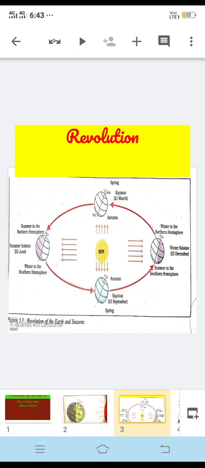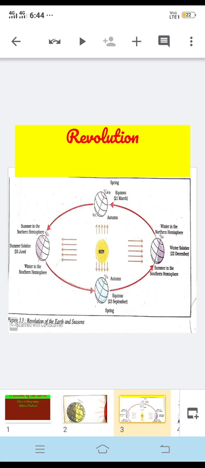These seasons include summer, then we have winter, spring and autumn. Okay, the seasons change due to the change of the position of the earth around the sun. So why can we have the seasons? We can have the seasons because seasonal changes happen due to the change of the position of the earth around the sun.